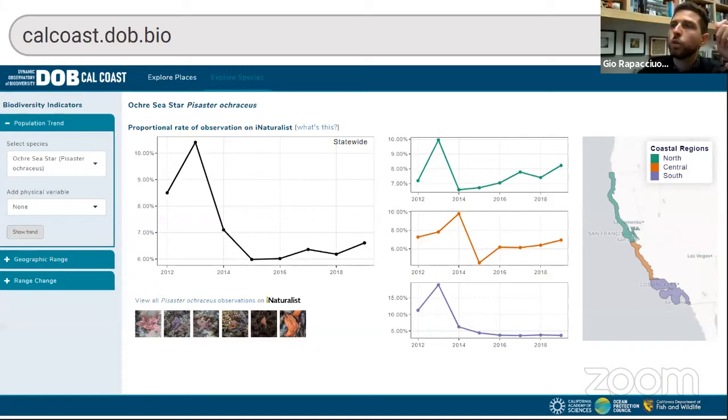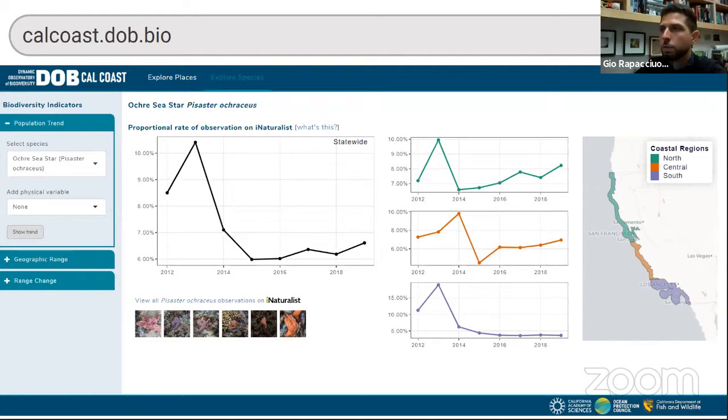But the second tool is a species-based tool. The Explore Species tool allows you to look at specific species that you might be interested in. You won't find all of the species, as we'll go over in a minute, but there is a subset of species there that satisfy the filters and all the statistical things that we've been talking about in the previous part of this webinar.